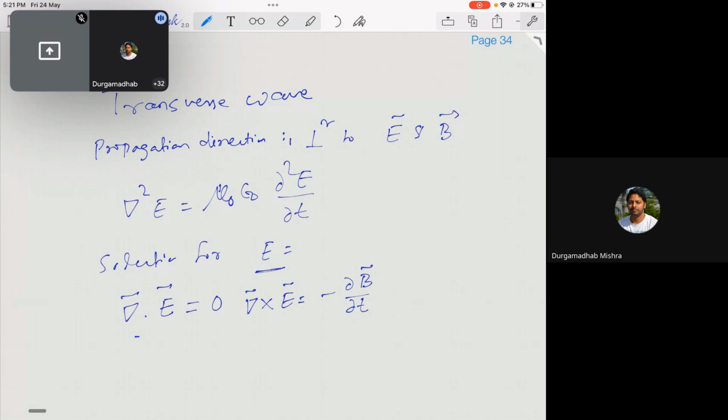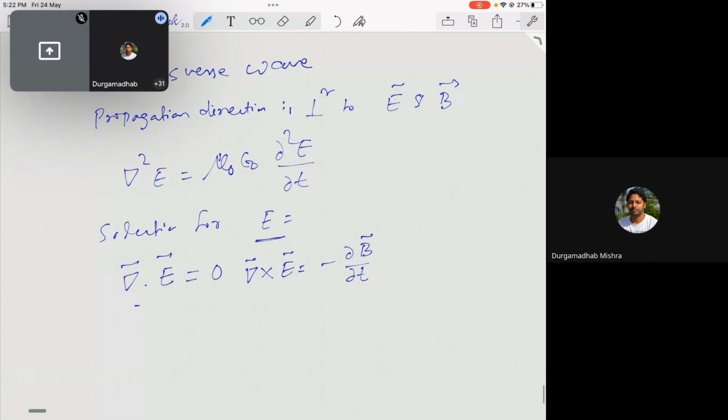So if a charged particle is at rest and the electric field gives a force to it, that means it is giving some part of its momentum. So the wave also carries momentum as well. This EM wave has energy and momentum.